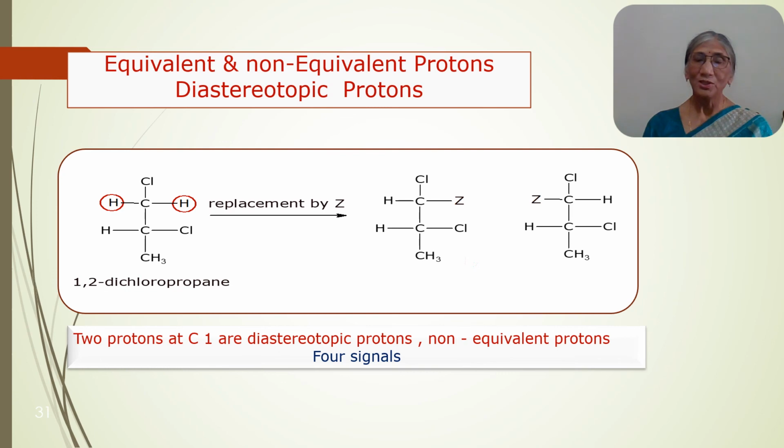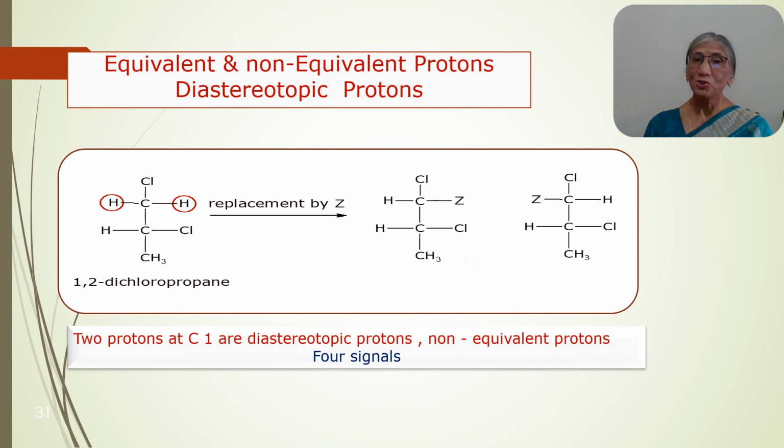Replace each methylene proton by Z and you will get 2 products which are not enantiomers. One can argue here that we perform rotation at the carbon-carbon single bond between carbon number 1 and carbon number 2. Then you will get the mirror image of structure 1. So the 2 will become enantiomers. But remember that we have represented the chemical structure here in Fischer projection formula.